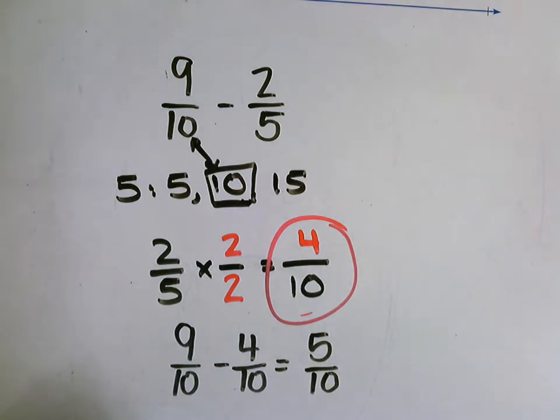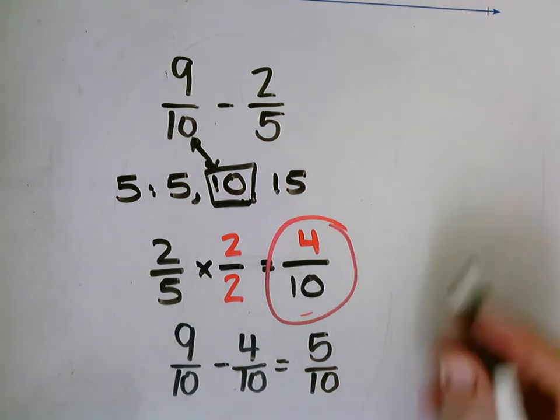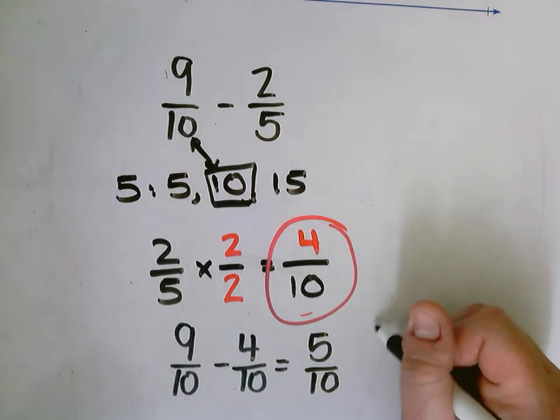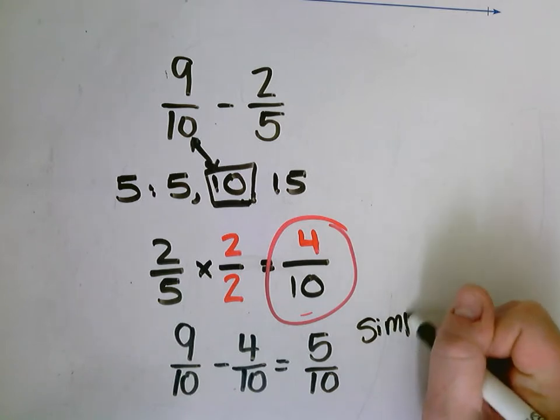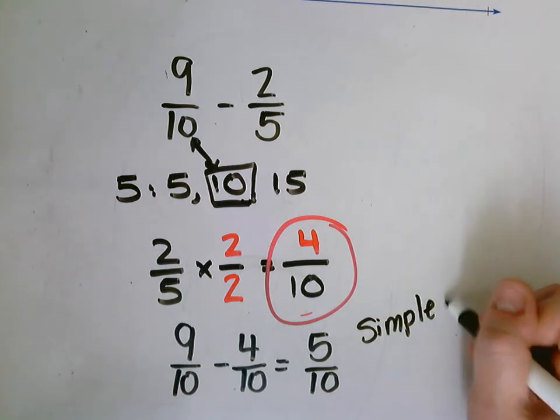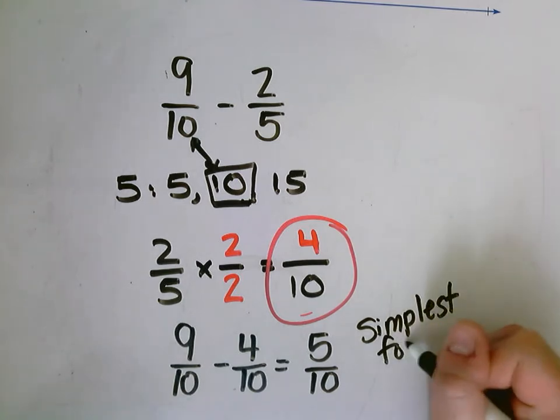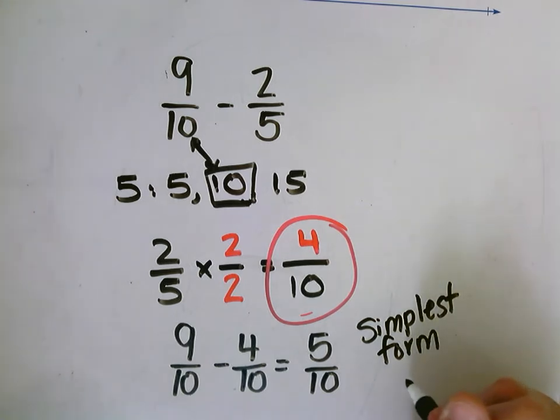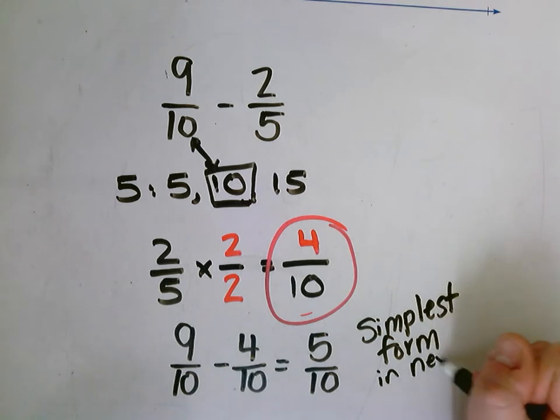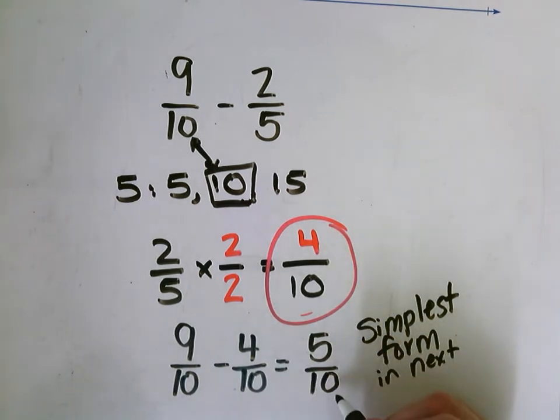5/10. Okay, our worksheet today is going to say write your answers in simplest form. We're going to learn about simplest form in our next lesson. So today, we're not going to worry about reducing or finding simplest form.